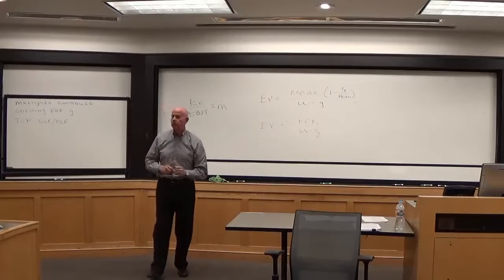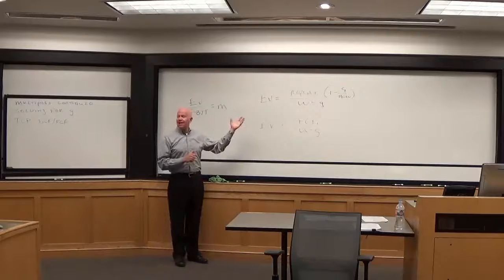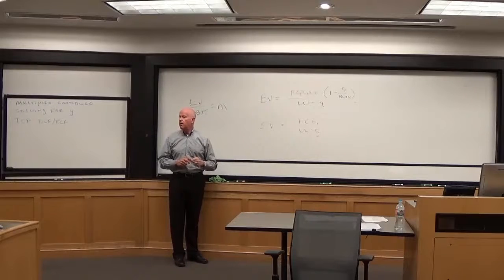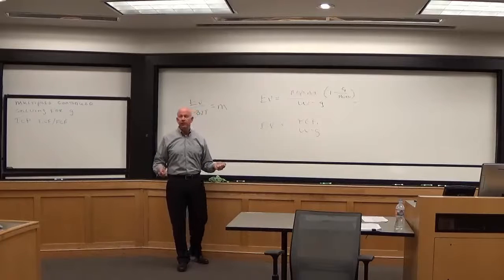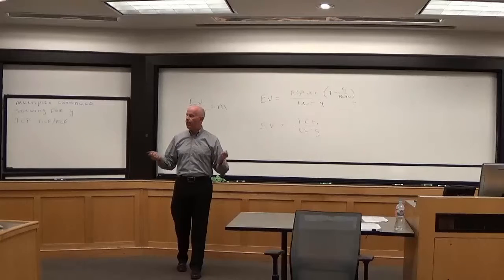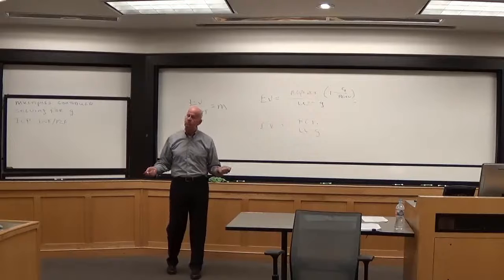Is that a hand, Zach? No, okay. But we would like to think that these two numbers can be the same if we're talking about the same company. Because why would two different equations give us a different value for the exact same asset, right? Okay.